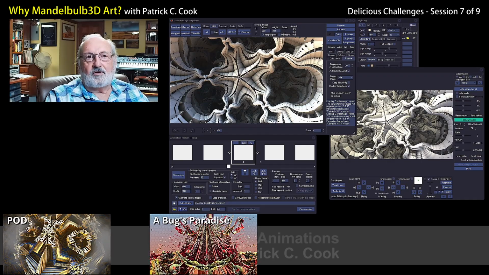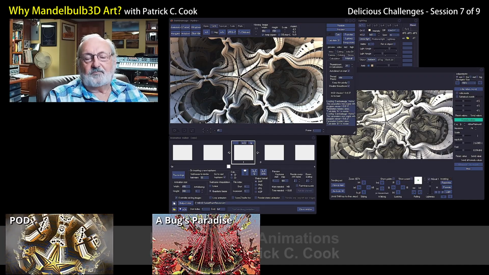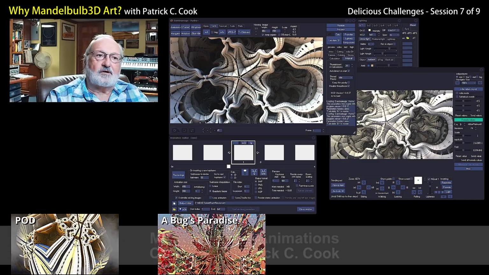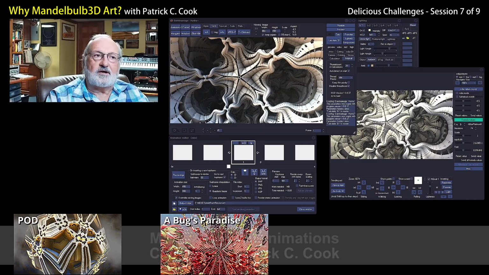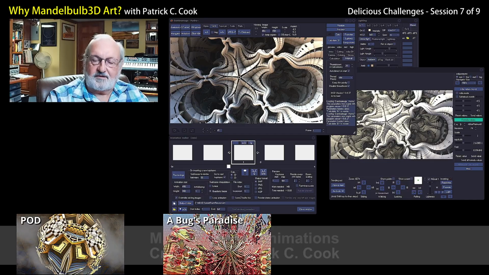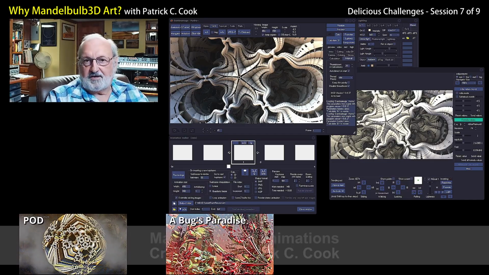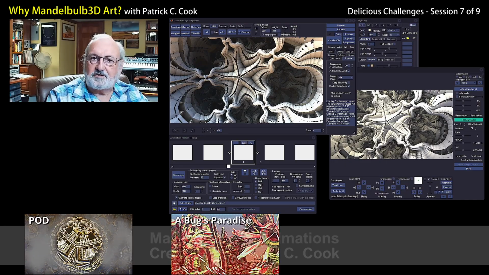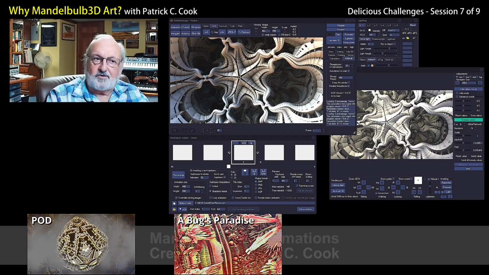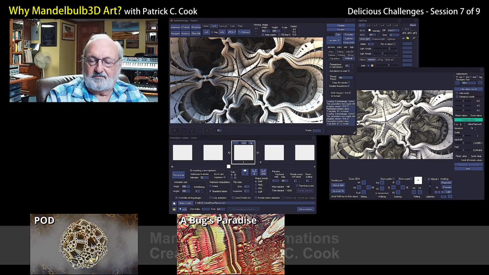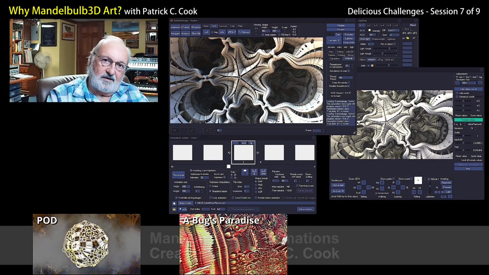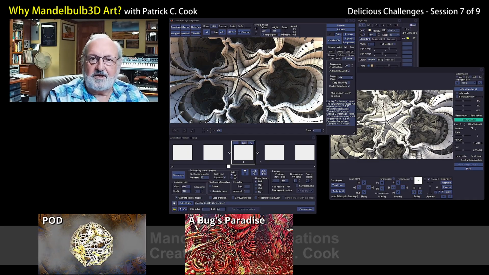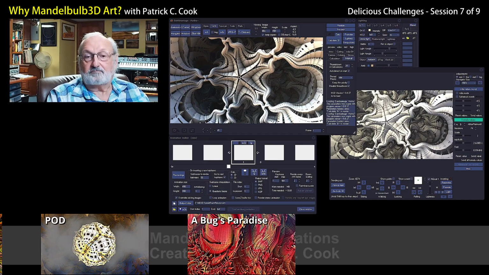Where the Mandelbulb 3D generative art is difficult is if you are trying to get it to do something that it's not designed to do, and that is you're trying to get it to make a graphic design, thinking that you're in control of the generation of the graphic from the formulas, and you're not. So you're fighting the application and you're spoiling your fun.